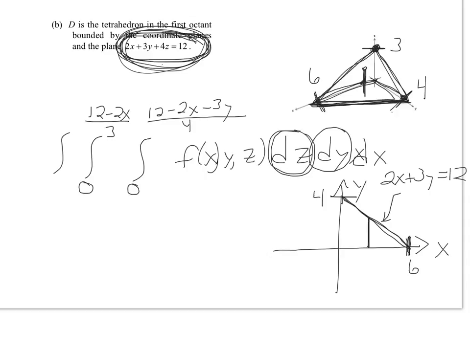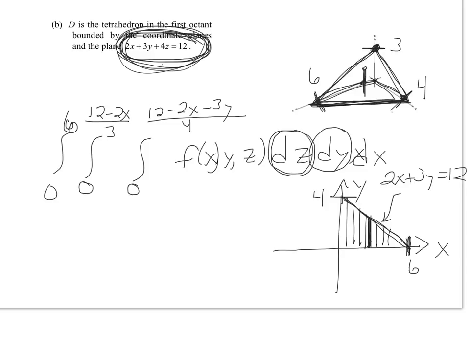Okay, so that builds this vertical line segment, and now I simply need to collect up all such line segments from x equals 0 to x equals 6. So that would be one way of setting up this triple integral.